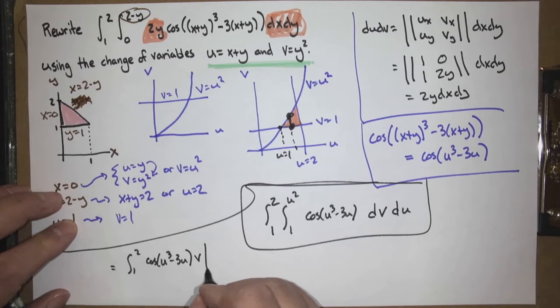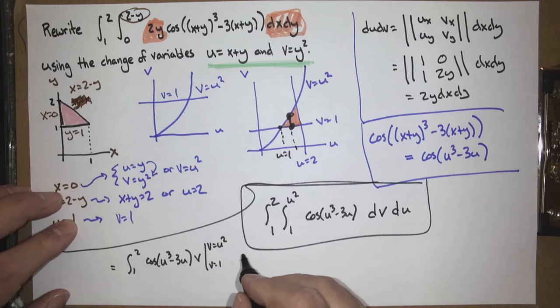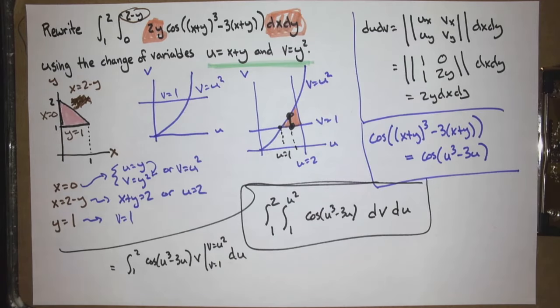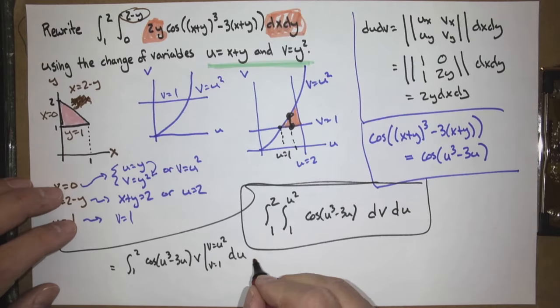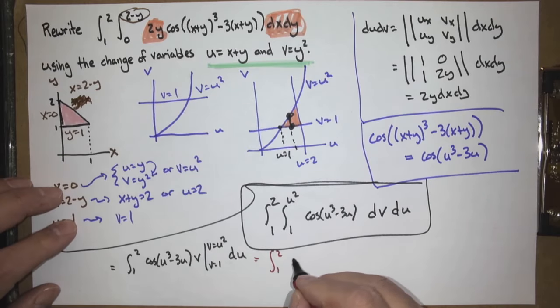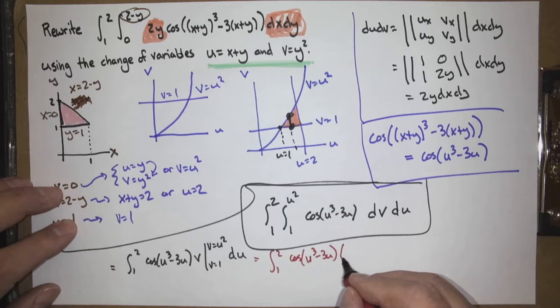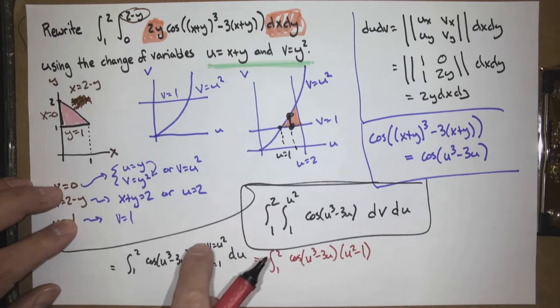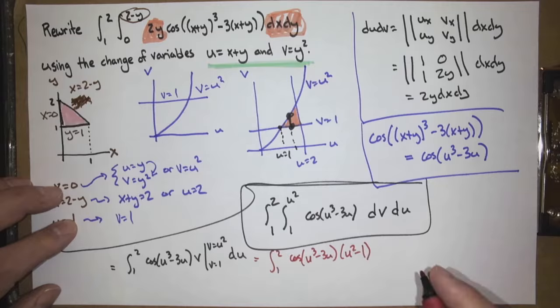Then we have v evaluated from v equals 1 to v equals u squared. Very suspicious here. That's an interesting thing that we've been asked to do. When we carry this out, we get the integral from 1 to 2 of cosine of u cubed minus 3u times u squared minus 1. Just plug in v equals u squared, subtract v equals 1. Now, is this hopeful?